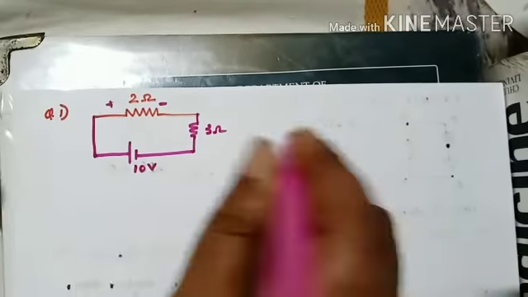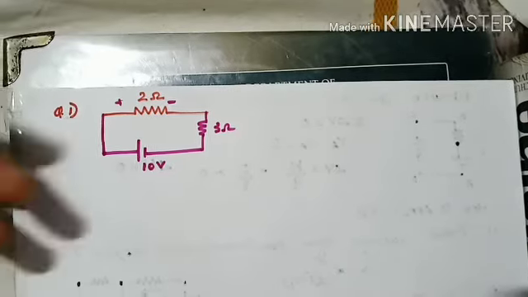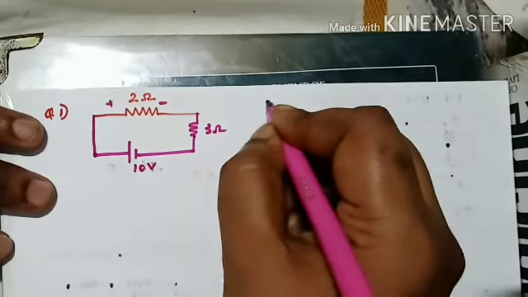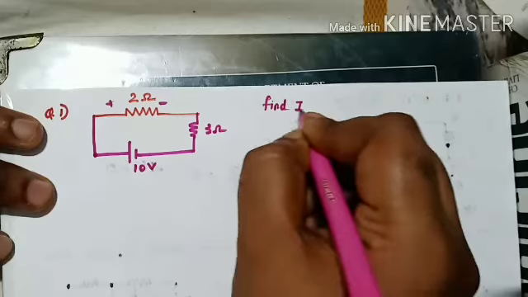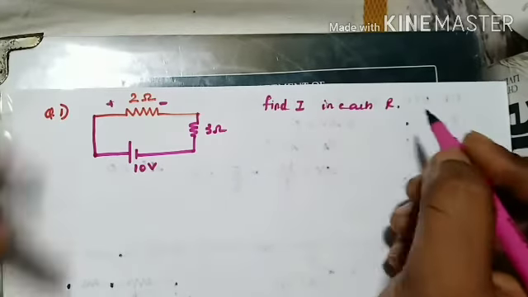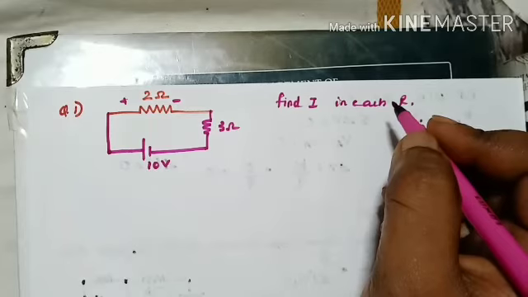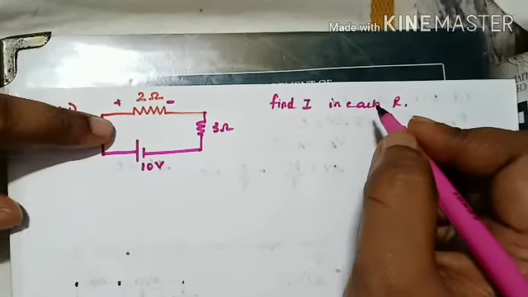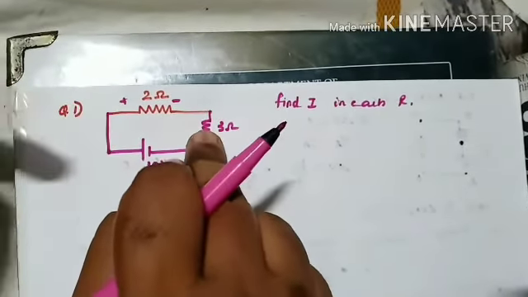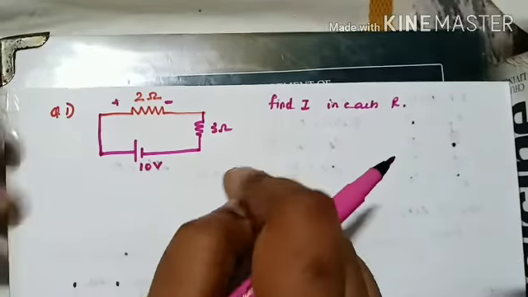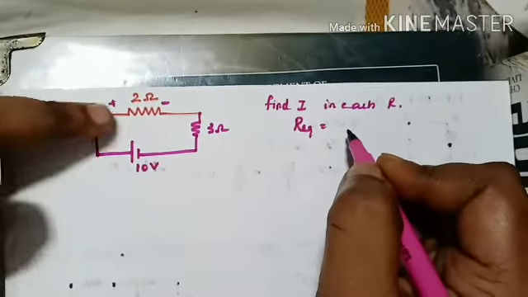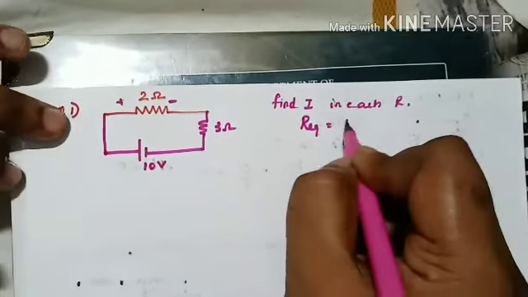Now you are asked, and you could have solved this by yourself without using Kirchhoff's law: find the current in each resistor. How would you do it without Kirchhoff's law? The current flowing through the 2 ohm will be the same current flowing through the 3 ohm, because both of them are in series. So you find R equivalent, that is 3 plus 2, 5 ohm.